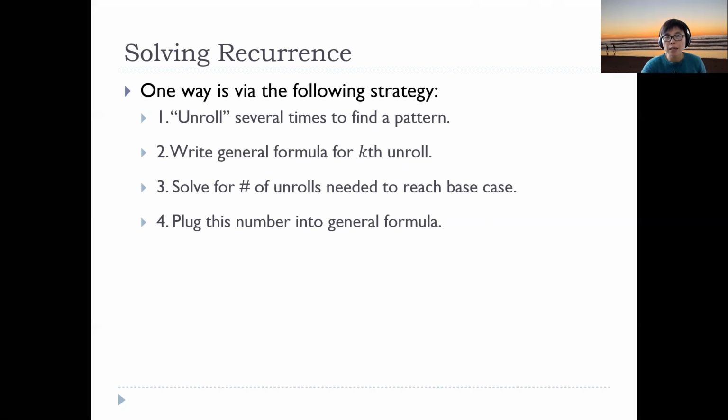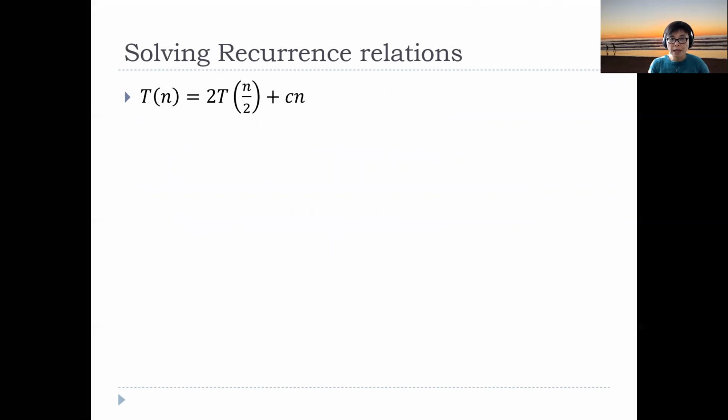So let's look at it more precisely. What this says is that T of some size is equal to 2 times T of the problem of only half the size, plus C times the size.